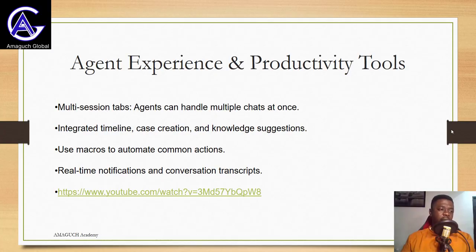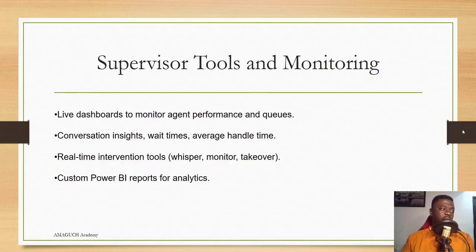So that's the end to end for the agent's experience. Also, as we could see, supervisors have their monitoring tool, where they could see live conversations, they could barge in, and they could also see analytic reports, as we just saw previously.